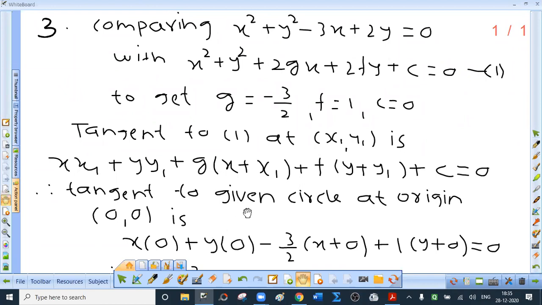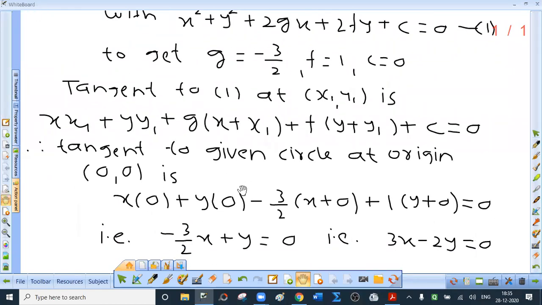So x·0 + y·0 + (-3/2)(x + 0) + 1·(y + 0) = 0. On simplification, 3x - 2y = 0 is the equation of the tangent.